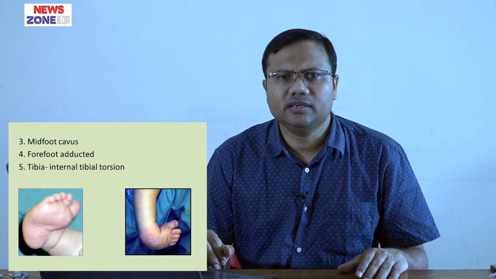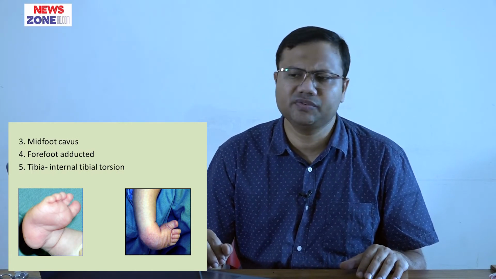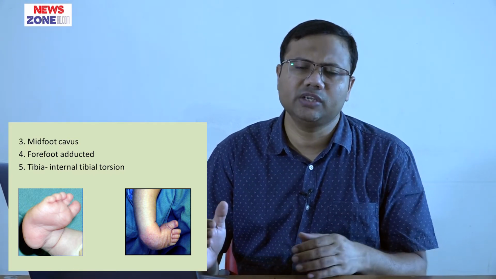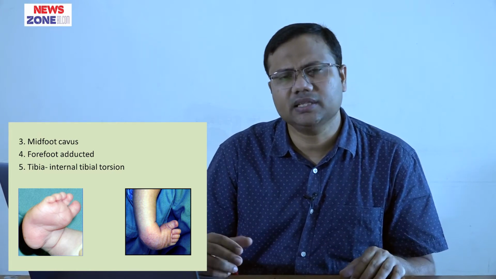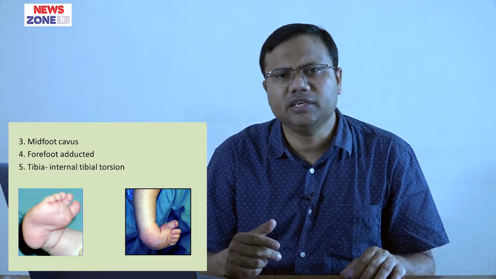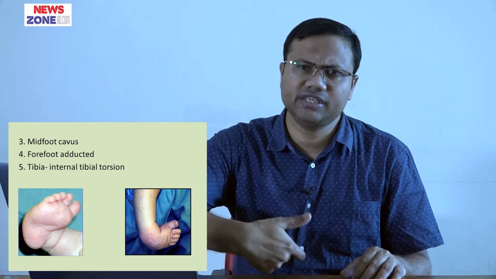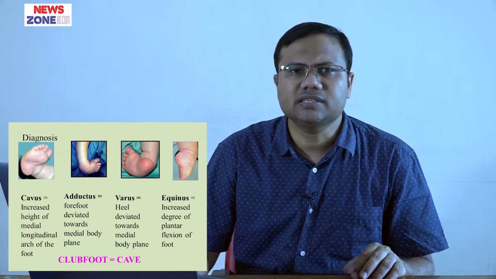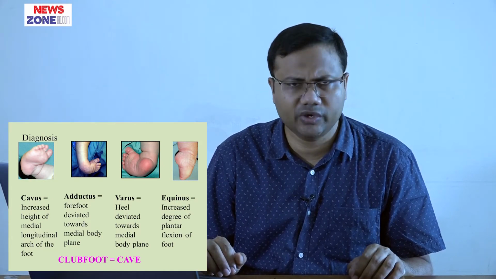You will find the medial arch is high, that is midfoot cavus deformity, and the forefoot will be adducted, that means it deviates medially. Another thing is internal tibial torsion, that means the tibia will be slightly twisted internally. So the deformities are cavus, adductus, heel varus and ankle equinus.